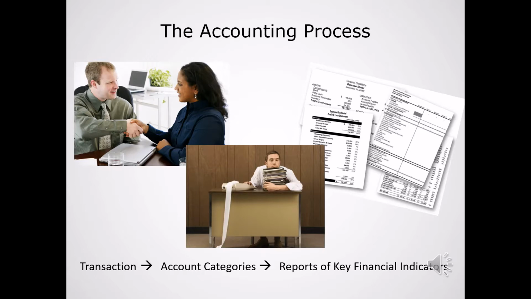Accounting categories are determined, such as cash and inventory, and information is entered into an accounting system in order to generate reports. The reports that come out tell us how well the company has done, how much ownership there is, how many assets there are. It gives us an indication of the performance of the company and the profitability of the company.